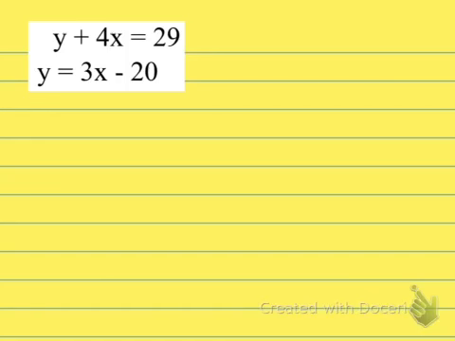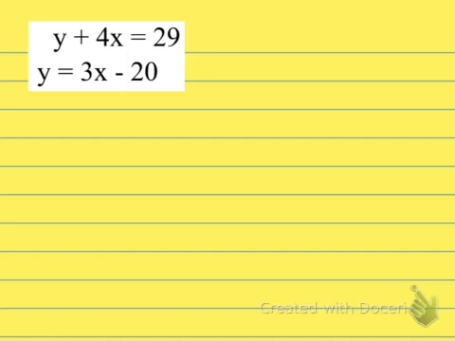You want to solve by substitution. Whenever you look at a system of equations and you find that one of your variables has already been isolated, in which equation, 1 or 2, do we have a variable that's already been isolated? 2, yeah, and it's the y.